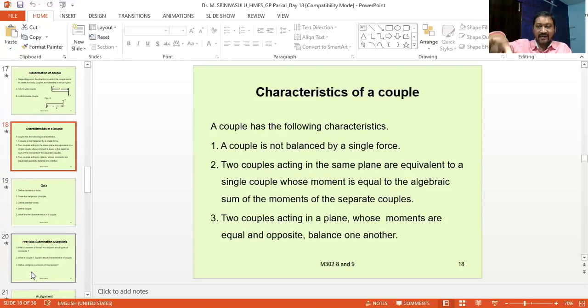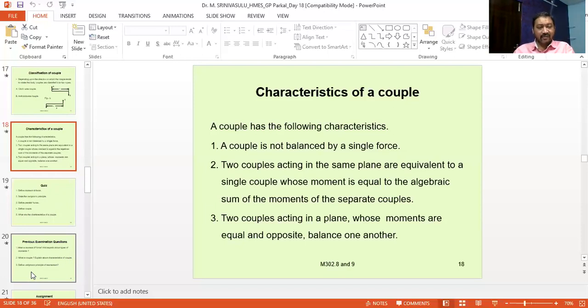We are holding the tap like this and applying the force here, so it is rotating like this. So these two fingers are applying two equal and unlike parallel forces, and they are separated by some distance. Then they form a couple, and with the moment of that couple we can rotate the tap.